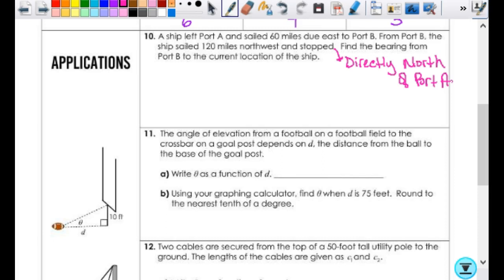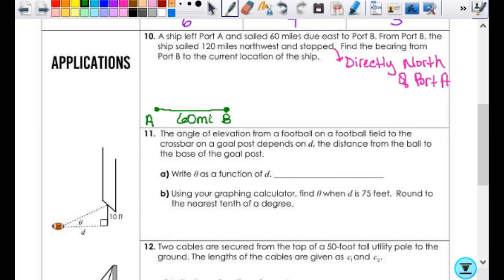Okay, so I have the ship left port A, traveled due east to port B, right? And that is 60 miles.